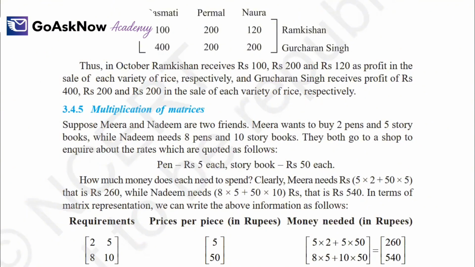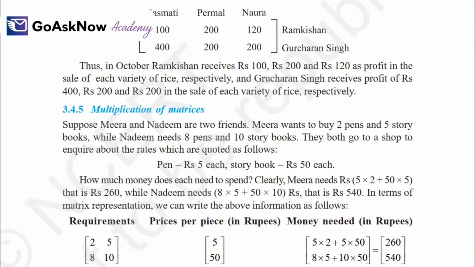They both go to a shop to inquire about the rates, which are quoted as follows. Pen is available at rupees 5 each, and storybook is available for rupees 50 each. How much money does each need to spend? So we have to calculate how much money each has to spend here.